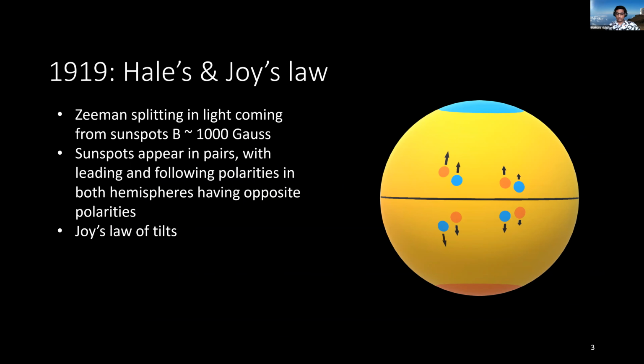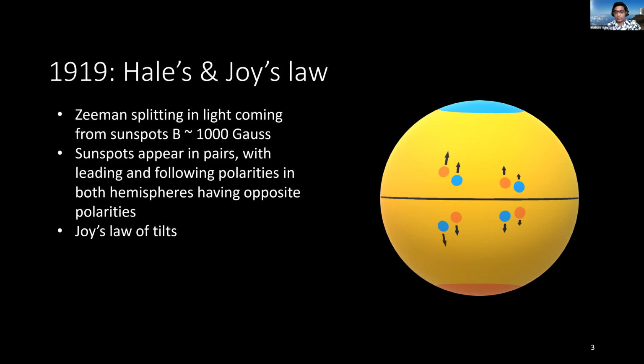Now, all of this happens with certain empirical laws. In 1919, George Ellery Hale and Joy made the observation that there's a significant amount of magnetic field in sunspots, through Zeeman splitting. The magnetic field can be 1,000 to 2,000 Gauss in strength, and almost all sunspot groups appear in pairs of opposite polarity spots.